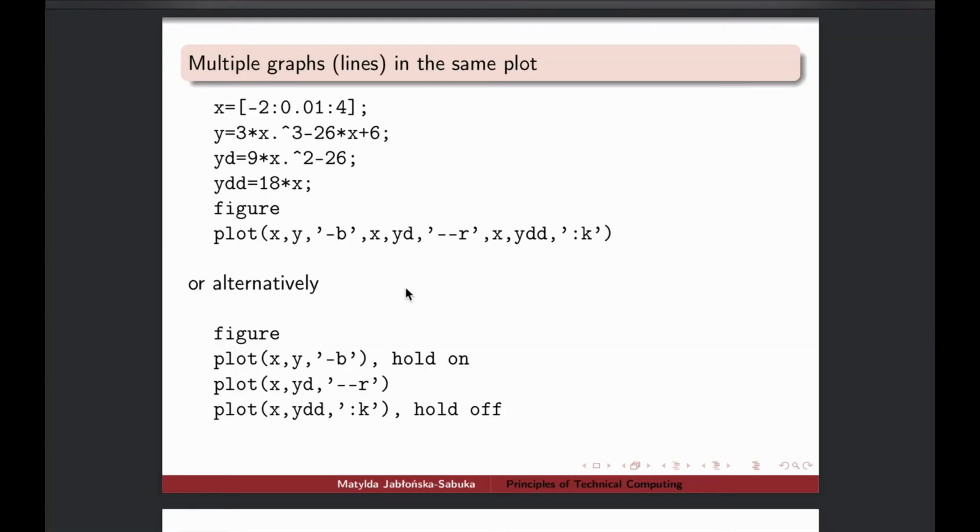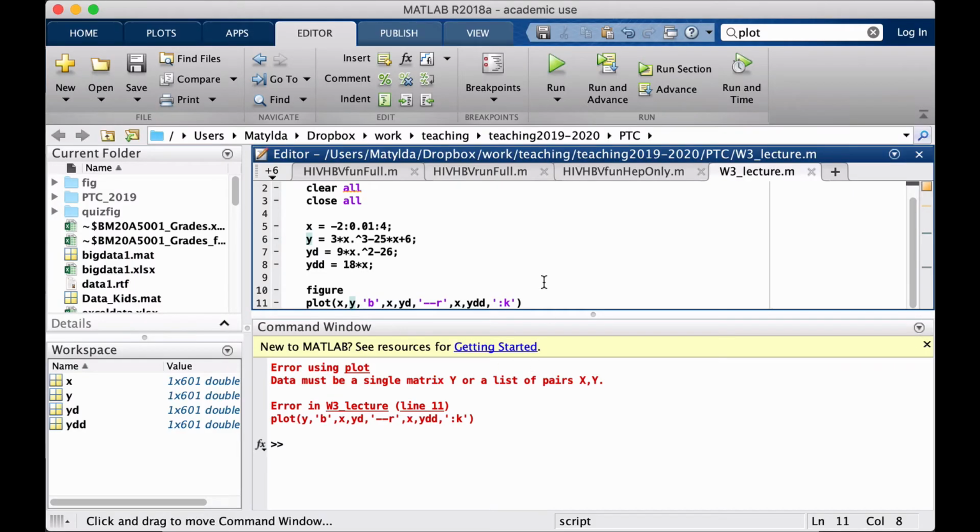All right, now the very same thing can be achieved by actually calling the plot command 3 times, for instance, or it could be 2, but 3 in this case, that we plot each pair, so xy, xyd, and xydd, we plot each of those separately. The thing is that we will have to hold the contents of the previous plot.